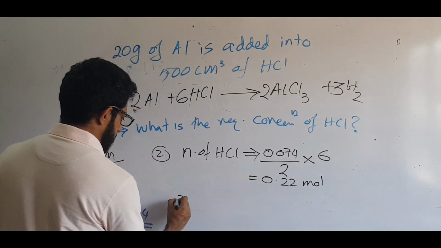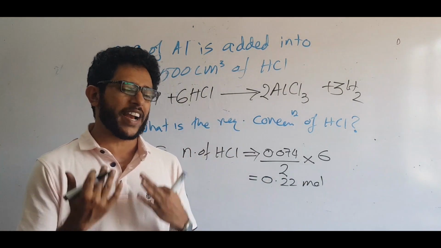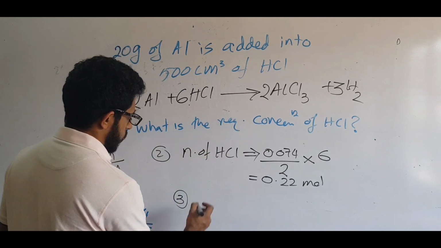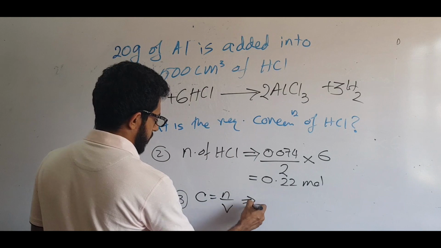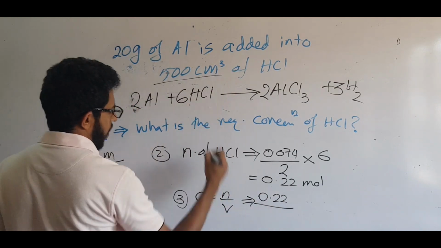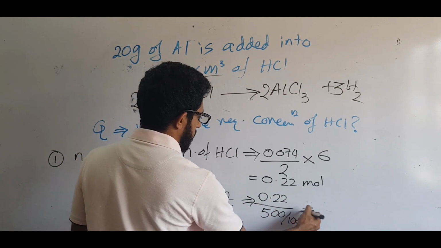Right. Third step, use the amount and now you can convert into the required quantity. I want to find the concentration. So C equals n over V. So what is the n now? n is 2.22. Volume 500, and always you divide the volume by 1000 to convert into cubic decimeter.